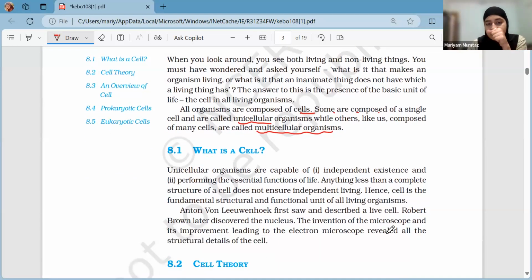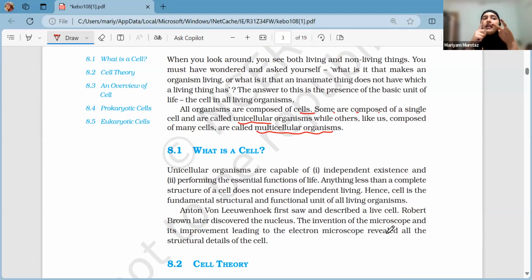Unicellular organisms are capable of, first, independent existence. They can live independently. Secondly, even after being made up of just one cell, they can perform all the essential functions of life, right? So these two are the properties of a cell. What can constitute a cell?